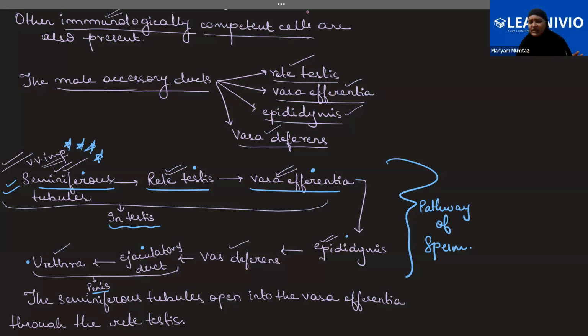I'm giving a very vague example. So again, the male reproductive system also requires certain ducts to transport the gametes that are formed. Now, rete testis, vasa efferentia, epididymis, and vas deferens. All of these are the names of the accessory ducts that are present in the male body.